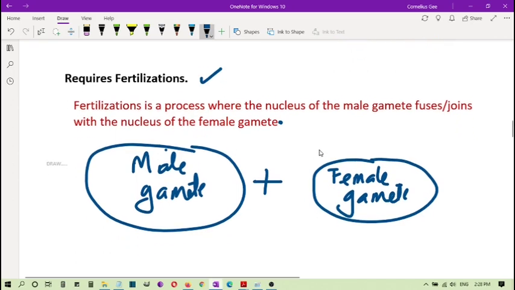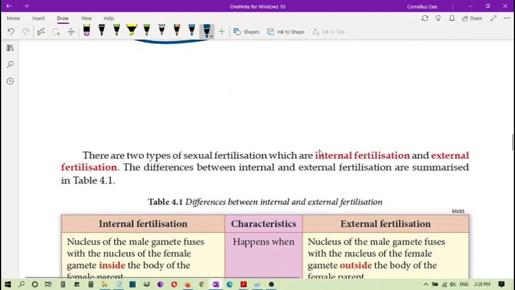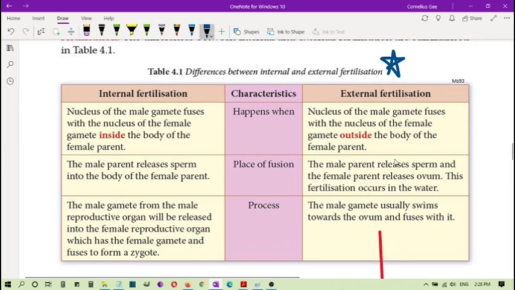Now there are two types of fertilization: internal fertilization and external fertilization. As a student, you must know the difference between internal and external. It's very easy. We already know that fertilization involves the fusion of the nucleus of the male and female.